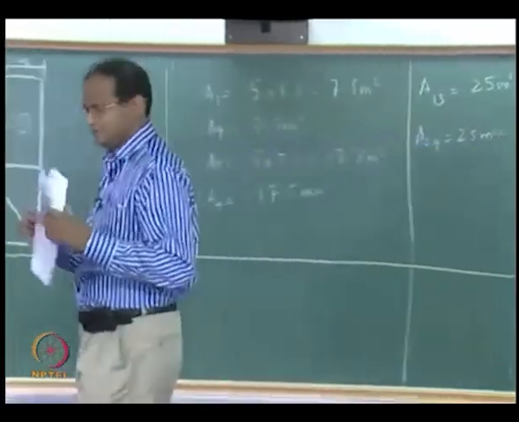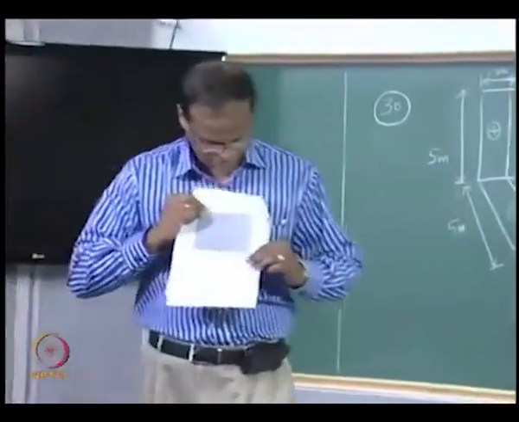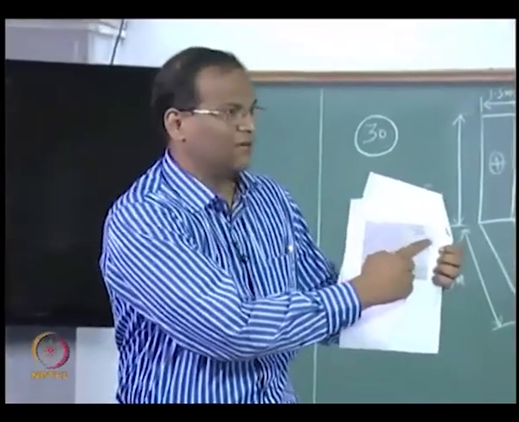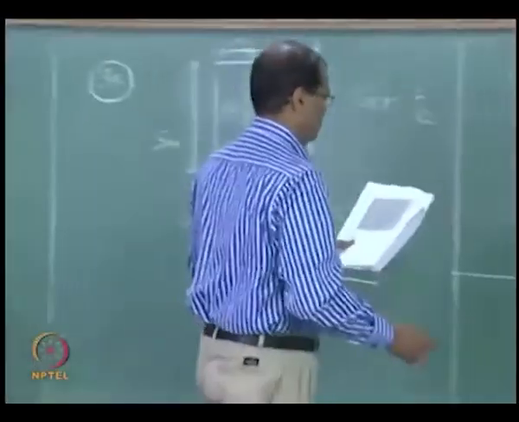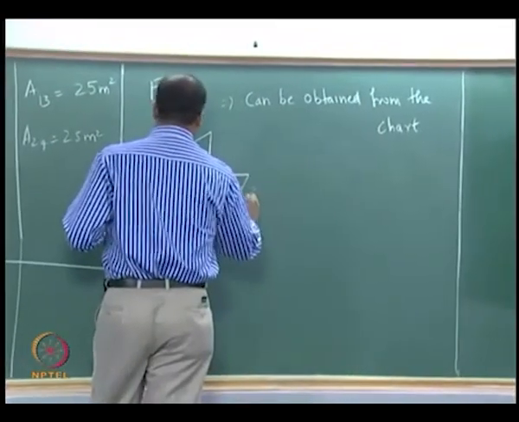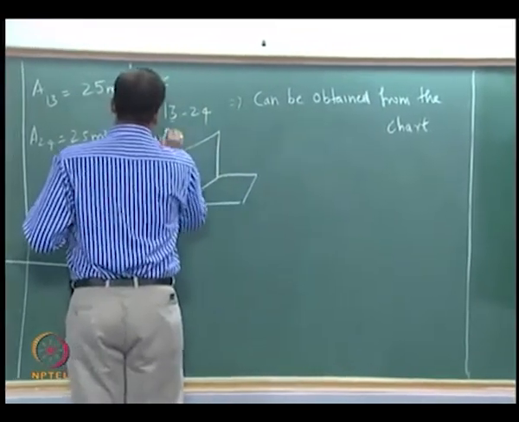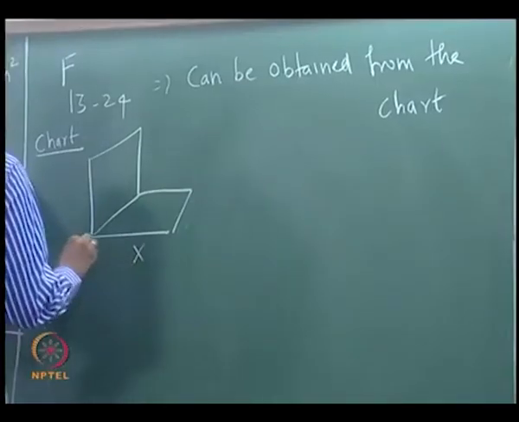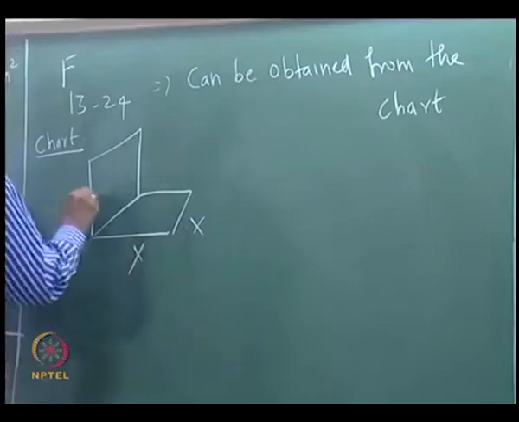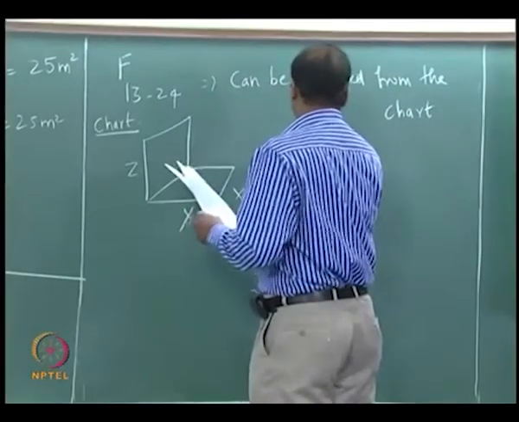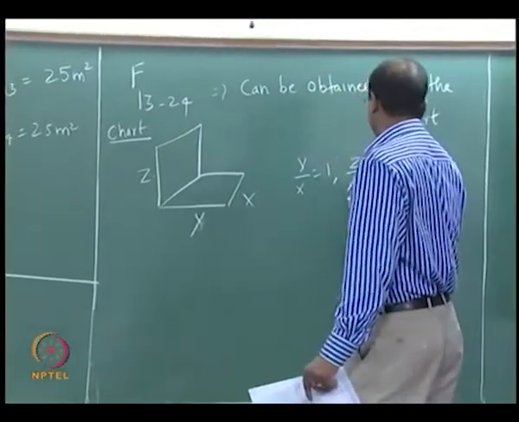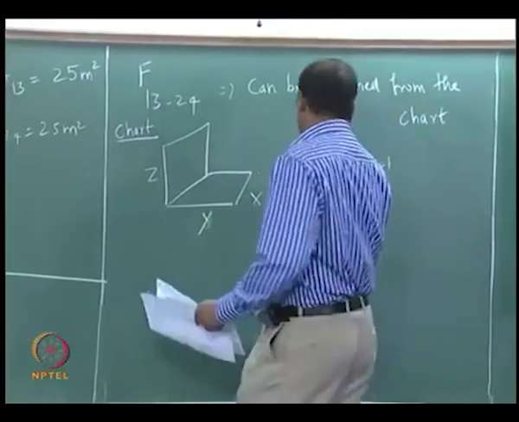So on this chart, please take y by x and z by x. Now, y by x is 1, z by x is also 1.